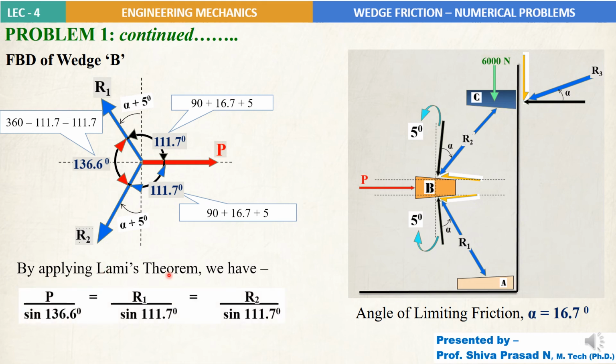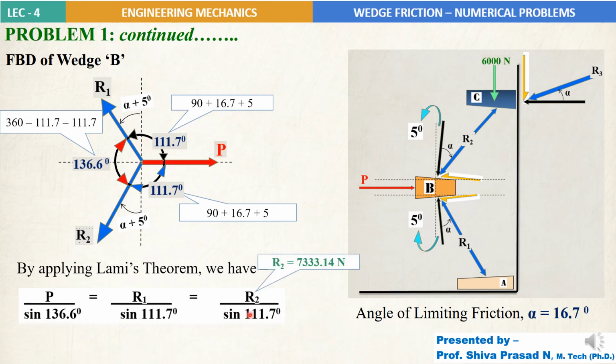So Lami's theorem, what does it say? The magnitude of any force is proportional to the sine of the angle between the other two forces. So P divided by sine of the angle between other two forces, 136.6 degrees, will be equal to R1 divided by sine 111.7 degrees, will be equal to R2 divided by another opposite angle, that is 111.7 degree.